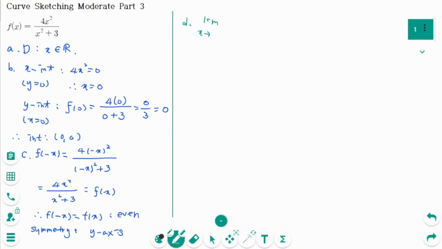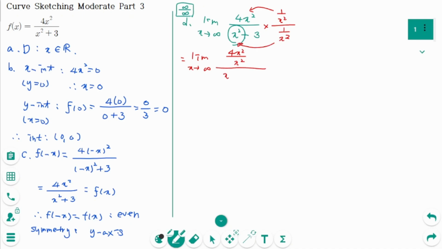Limit as x approaches infinity, 4x squared over x squared plus 3. This is infinity over infinity form. We need the highest power of x in the denominator, which is x squared, times 1 over x squared over 1 over x squared. Equals limit as x approaches infinity, then expand: 4x squared over x squared over, first one x squared over x squared, plus second one 3 over x squared.